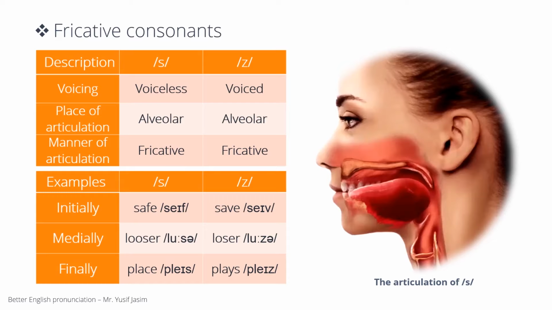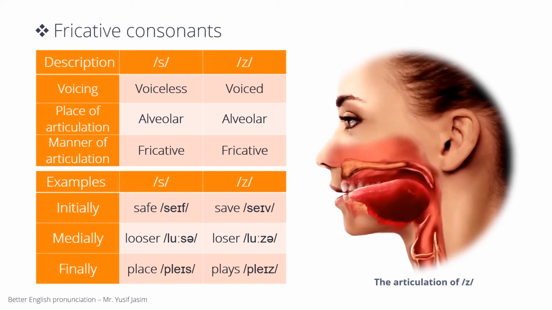There is a very considerable narrowing at this point, which will cause friction. Also, because these sounds have friction, we will call them fricatives. To describe s and z, we will say s is voiceless alveolar fricative. Z is voiced alveolar fricative. Pay attention to the figure and notice how these sounds are articulated.